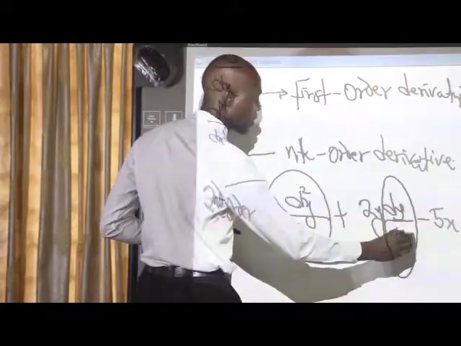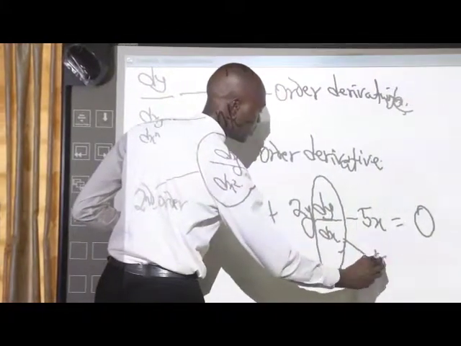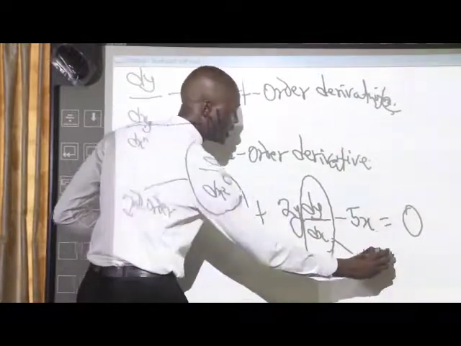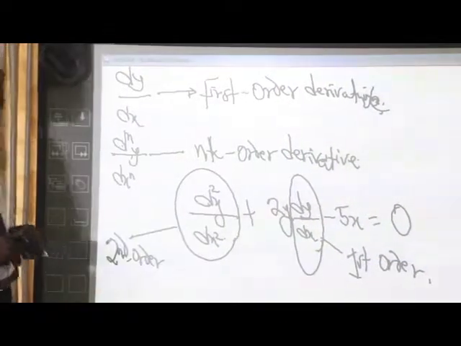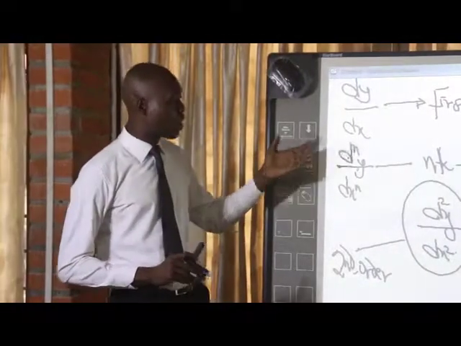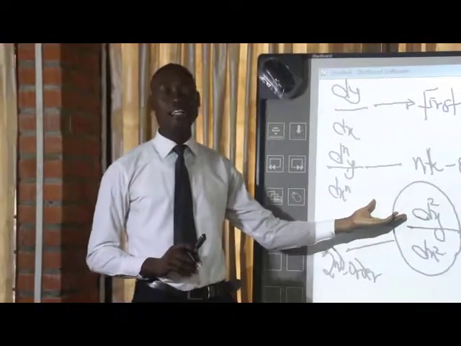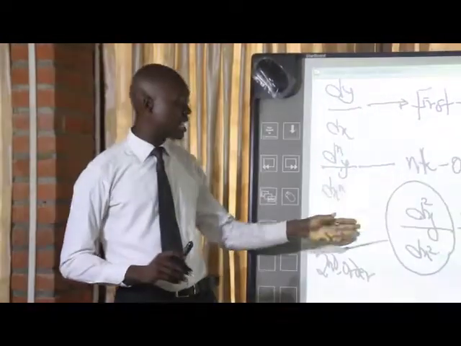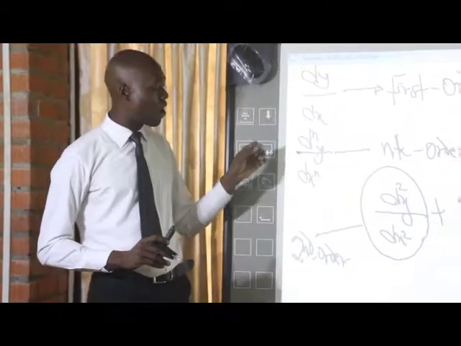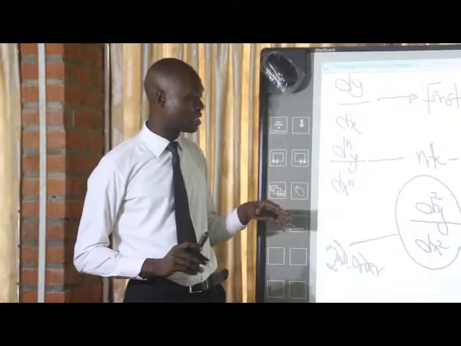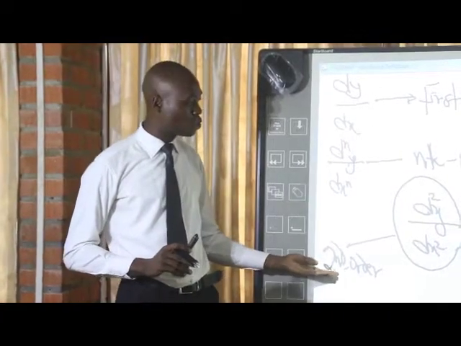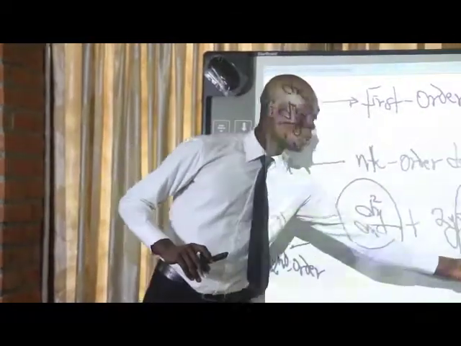This is a first order derivative where we have differentiated y just once. So the order of this equation is the order of the highest derivative it contains, and as you can see, 2 is higher than 1.